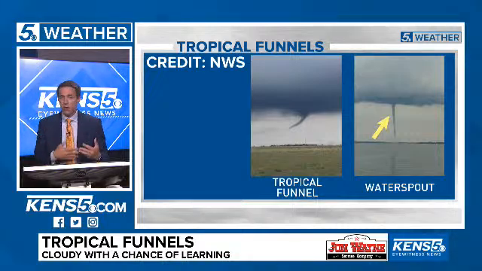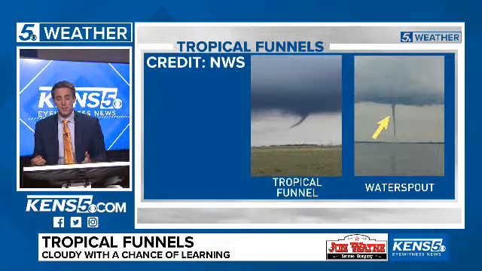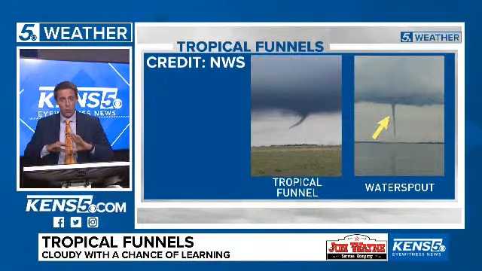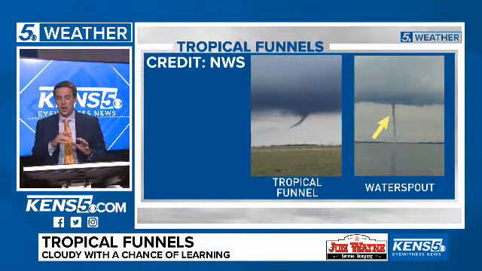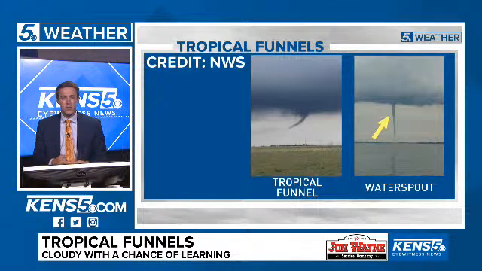They don't last very long, and it didn't cause any damage, because when these do make contact with the ground, they're typically weaker. This one made its way over toward land and then eventually fizzled out. The wind will cause it to fall apart. You also have the downdraft and the rain and all sorts of other factors that cause them to not last for a very long time.